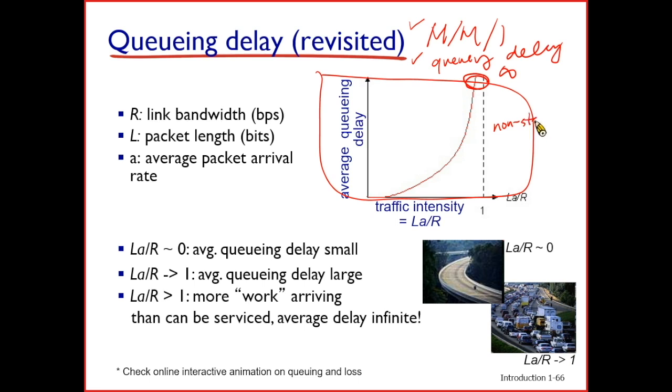So here, non-stable. And this one, stable region. It should be controlled under the stable region so that we expect everything to work normally. So this is a stable region. But beyond that, it is a non-stable region, so normally we don't expect that.